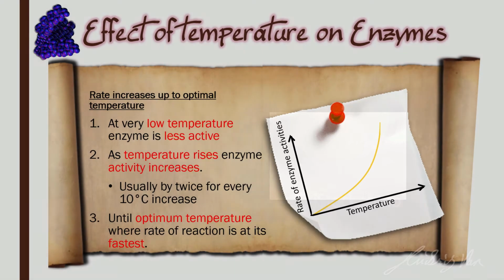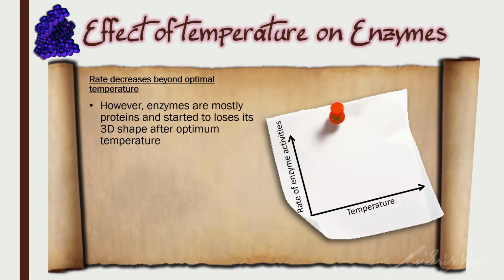Normally, but not always, a 10 degrees Celsius increase in temperature will result in the activities of the enzyme increasing by 2 times. The rate of enzyme activities will increase until the optimum temperature, whereby the rate of reaction is at its fastest.